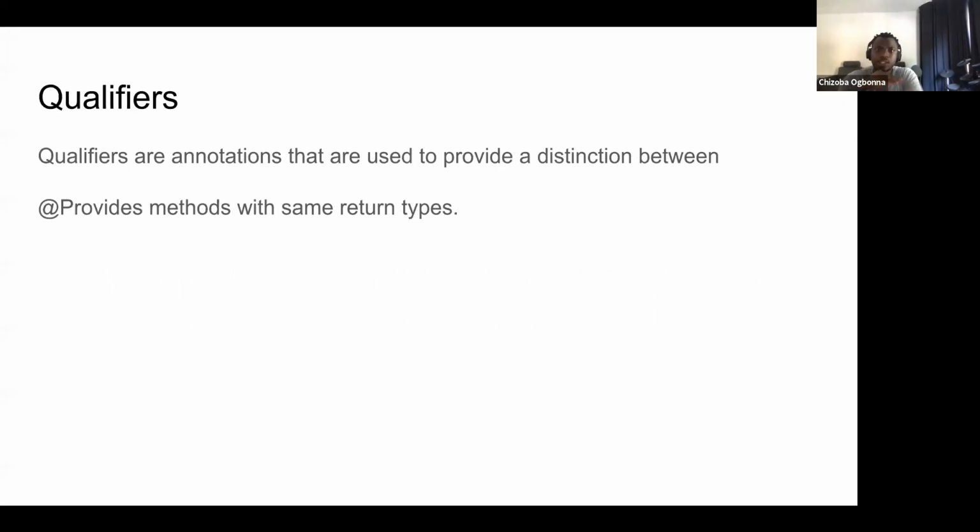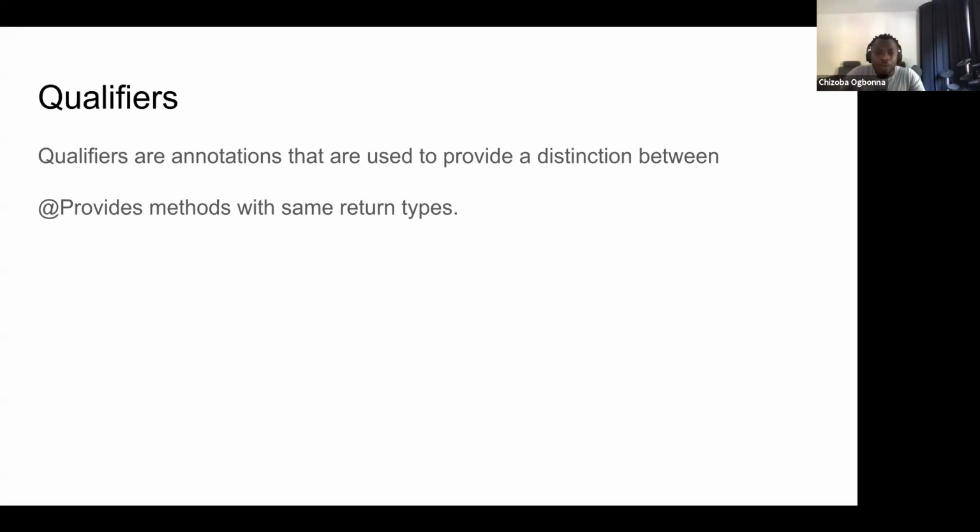So let's take this a step further. We've talked about the basic things that you need. You can do Dagger without using qualifiers, but you run into some cases where you actually need them. So imagine a scenario where you have a provider that provides a string, and that string is maybe the base URL of your app.